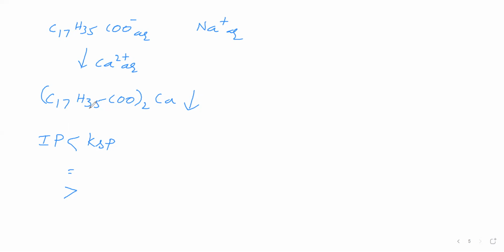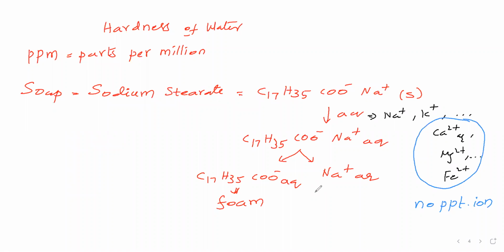So calcium ions will precipitate the stearate. Even magnesium ions will precipitate the stearate. Even Fe2 plus precipitates the stearate. So due to precipitation, this anion will not be present in the solution. Therefore, foam will be decreased.